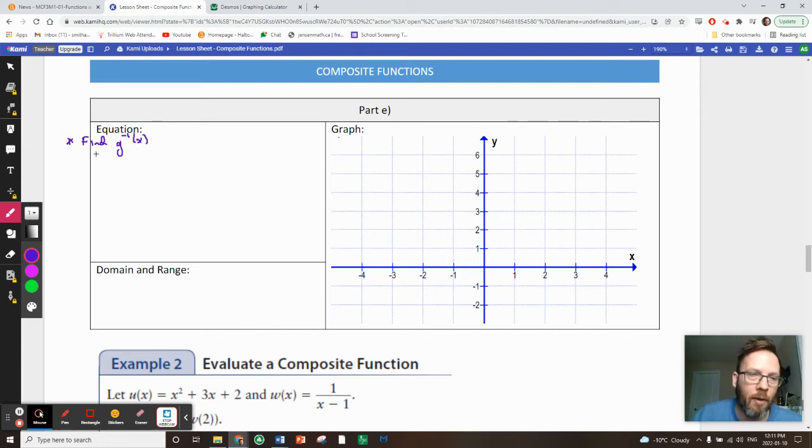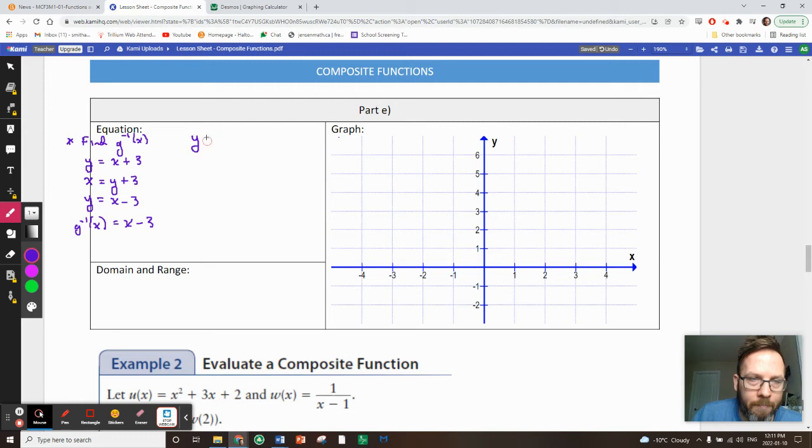And if you recall our strategy for doing that from your grade 11 course, you're going to write it in y equals form, and you swap the x and y. x equals y plus 3. You solve for y. y equals x minus 3, and so we have the inverse. The inverse of g is equal to x minus 3. And now we're actually ready to go about our problem.